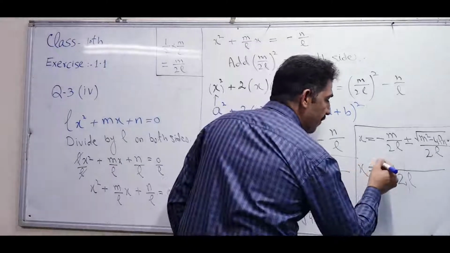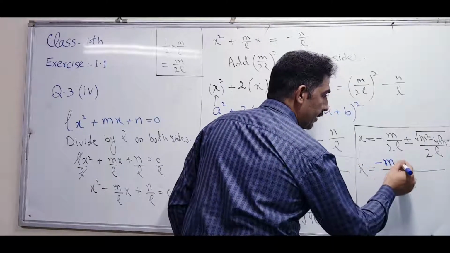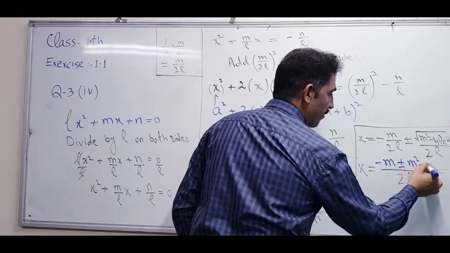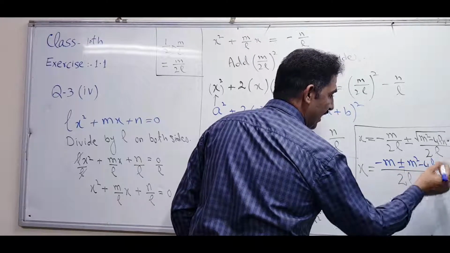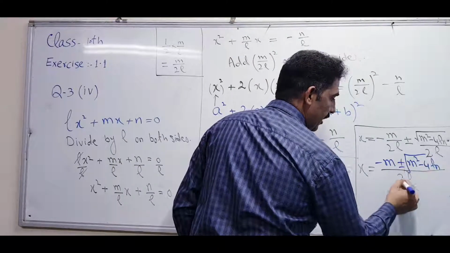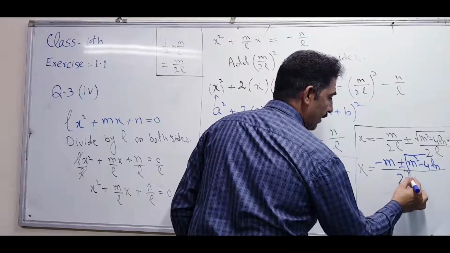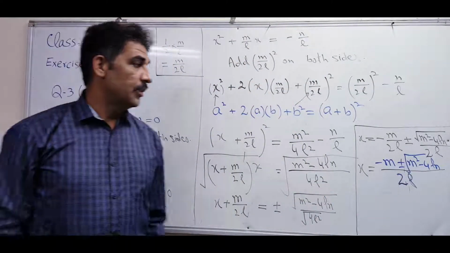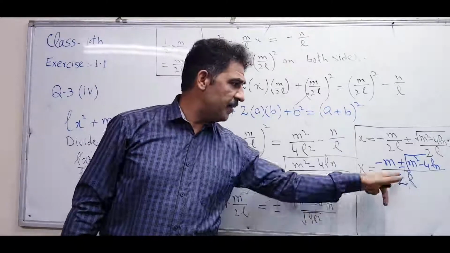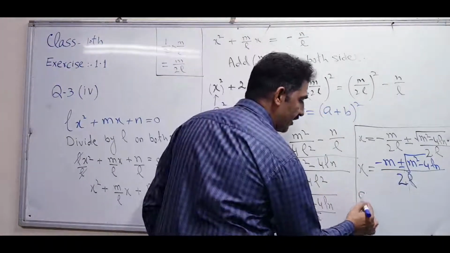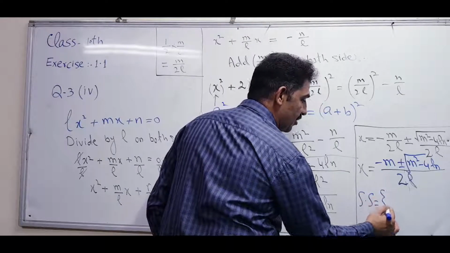So minus m plus minus the root of m square minus 4ln, over 2l. So that is our final answer. No need to write the two separate terms, because with plus minus it is not possible to simplify more. That's why you just write the same in the solution set.